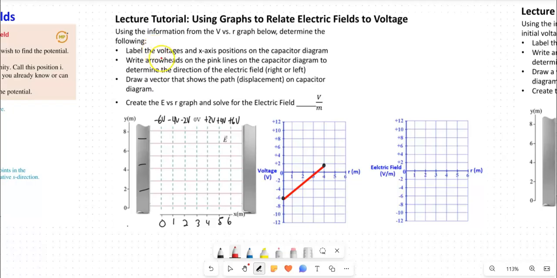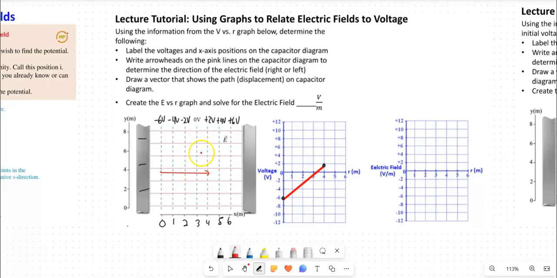I'll make sure you know that in yours. It starts off here, and it doesn't matter what height it is. So I'm going to have it start right here at about the 4 meter height. And then it's going to move directly to the right 4 meters, starting at -6 volts, ending at +2 volts.